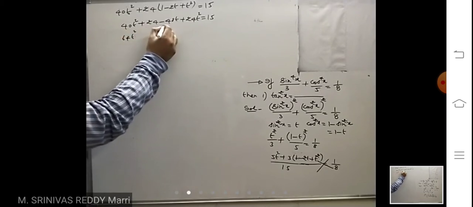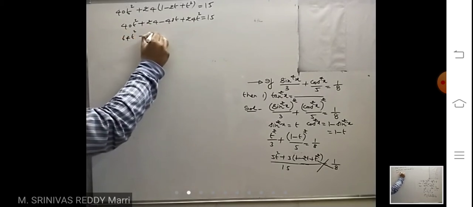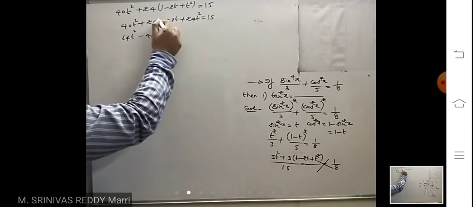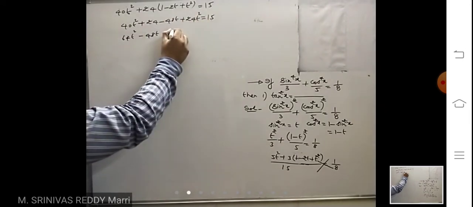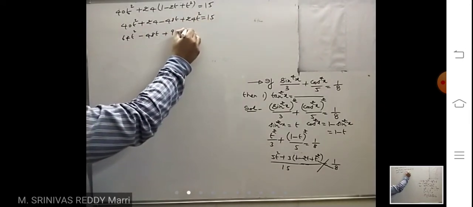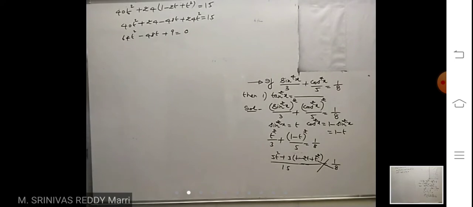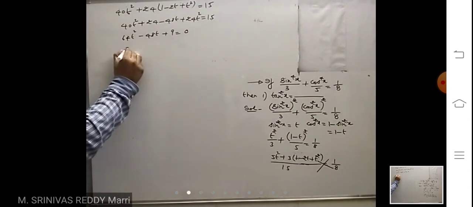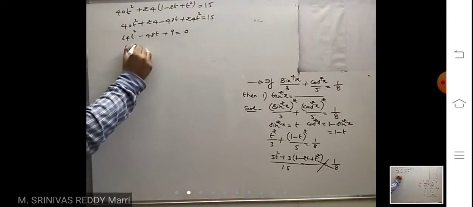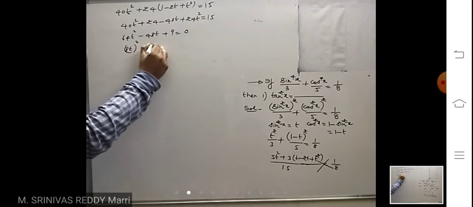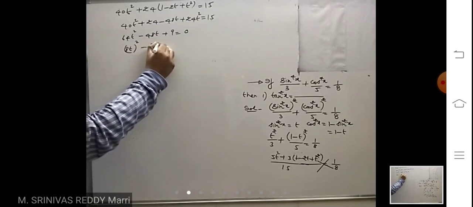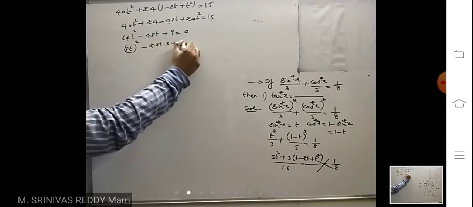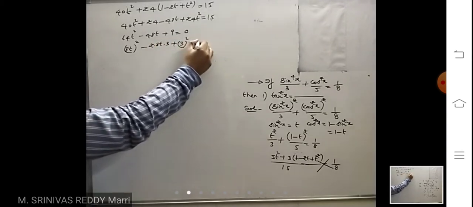64t square minus 48t plus 24. Bring this side minus 15. 24 minus 15 means what? 9, equal to 0. Now you got the quadratic equation. I am writing 64t square as 8t whole square, minus this 48t I am writing like this: 2 into 8t into 3, plus 3 square equal to 0.